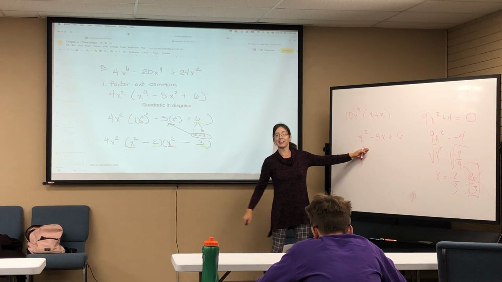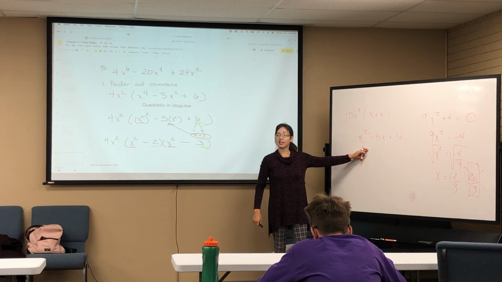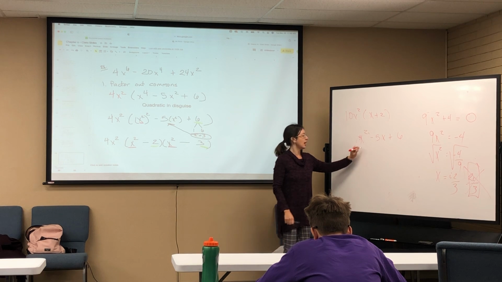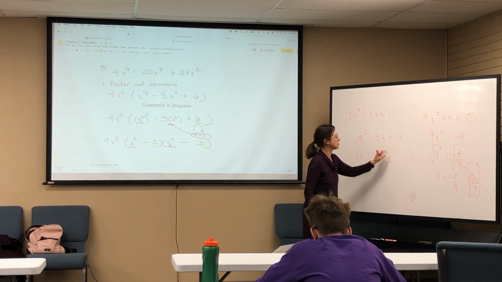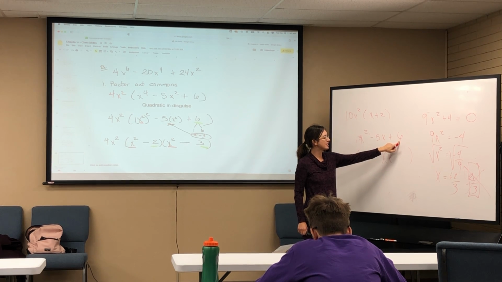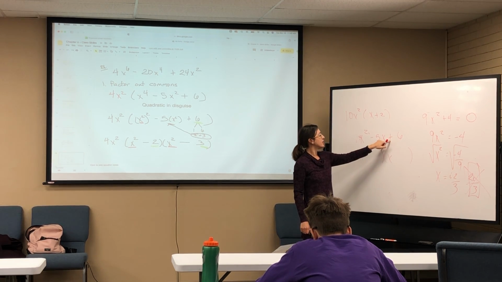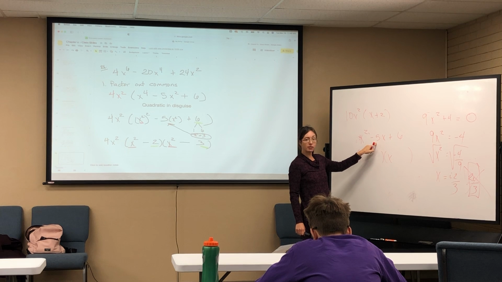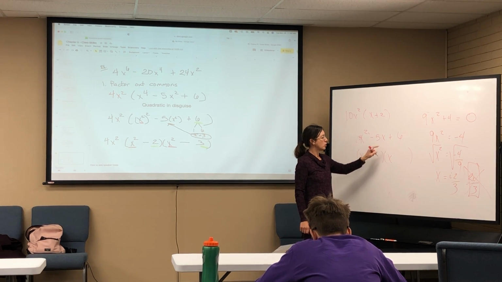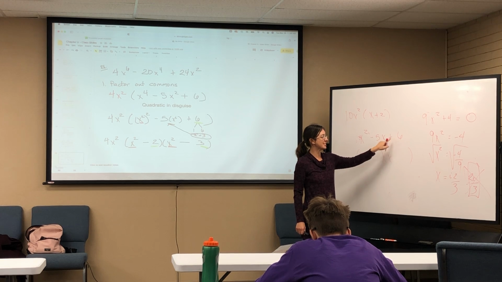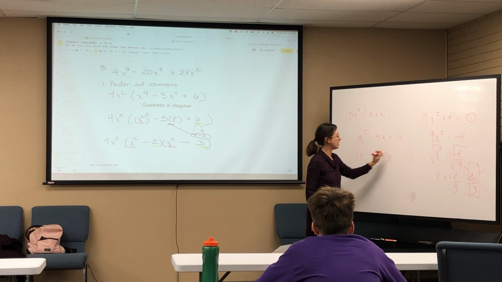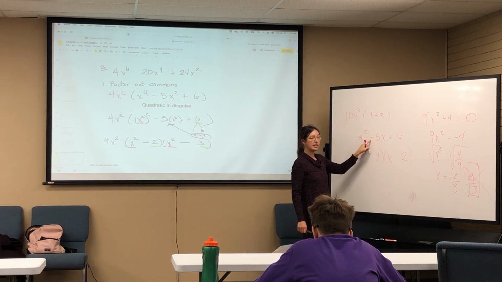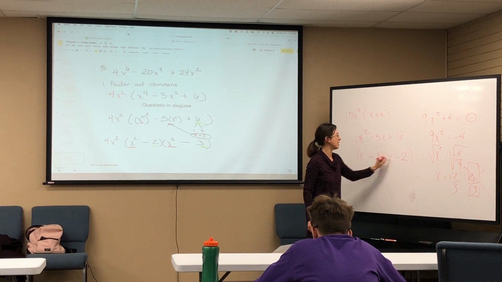If I was factoring this, that doesn't look real intimidating, right? I would factor it and say it's x and x. What two factors of 6 add up to be 5? So 3 and 2, but they need to be negative, so we're going to make them both negative.